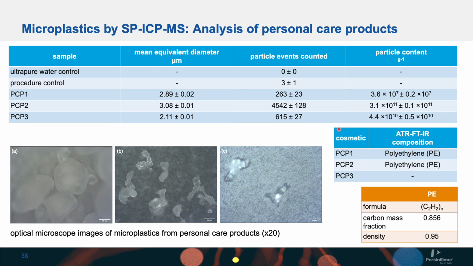This information about morphology and composition is especially relevant for estimating the size of the particles detected. The size of the particles was calculated as an equivalent diameter, assuming that the particles were spherical and their composition polyethylene, with a carbon mass fraction of 0.856 and a density of 0.95 grams per cubic centimeter.